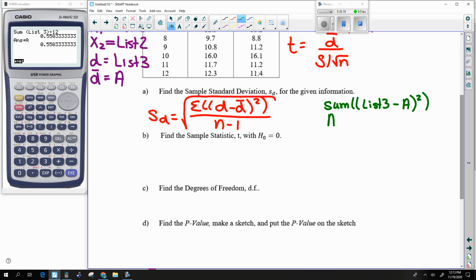And then with that answer, I'm going to divide by the bottom, which is n minus 1. In this case, that's 11. Again, n is the number of pairings that you have. So n minus 1 is 11. All right, I need to square root that answer, and that is indeed going to be the letter S. And so I'll take that answer and store it as S for my sample standard deviation.